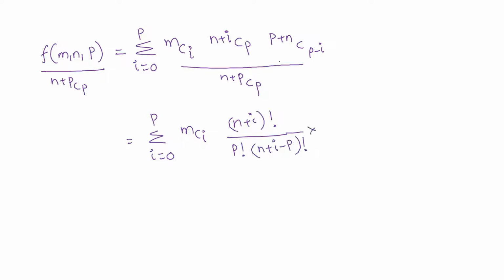And similarly, this term is going to be equal to p plus n factorial upon p minus i factorial into p plus n minus p minus i, which is going to come as n plus i factorial.